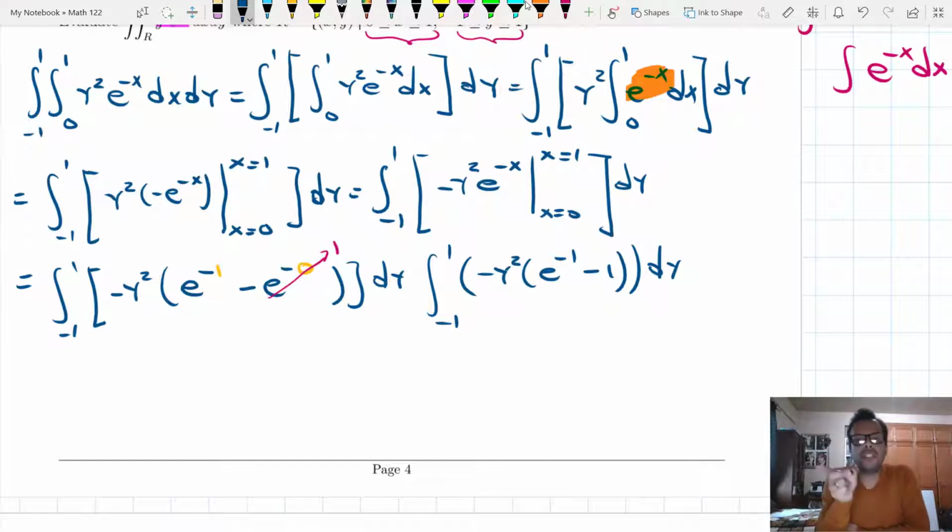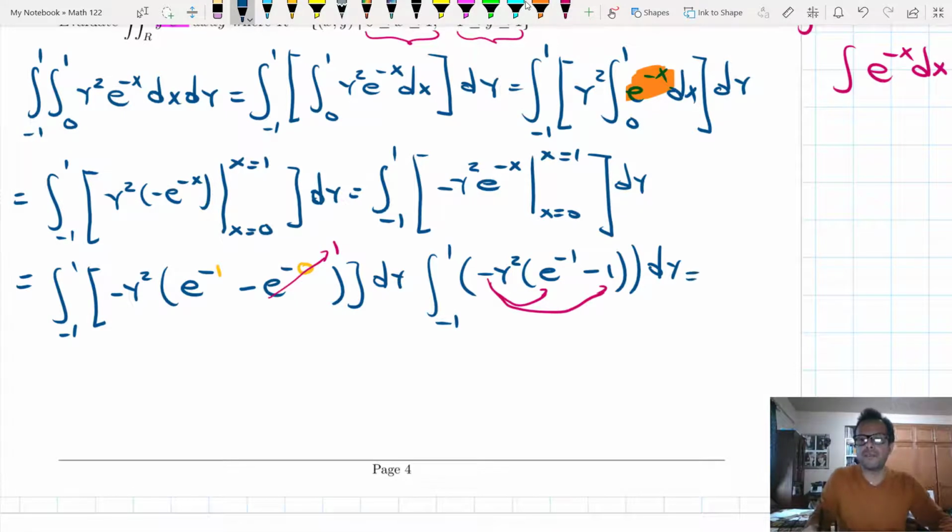Now, there's a couple of things bothering me here. Number one, this negative sign, and at the same time, too many parentheses. That's a little bit confusing. Parentheses here, parentheses everywhere. So this is what I'm going to do. I'm going to use the distributive property to distribute the negative sign over these two terms right here.